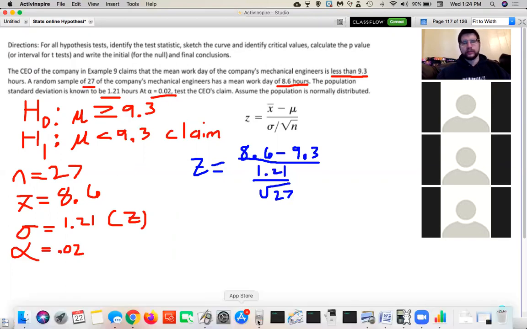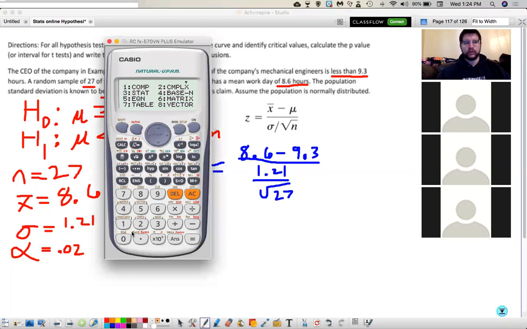Casio users, you have to do slightly more work. Make sure you're in mode 1. We got a fraction, 8.6 minus 9.3. In the denominator, we have another fraction, 1.21 over square root of 27. So negative 3.0060. I'm going to go 4 decimal places to be safe.